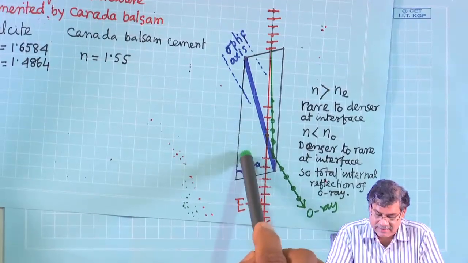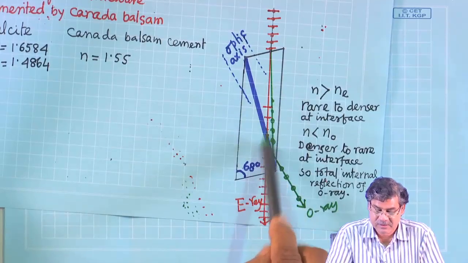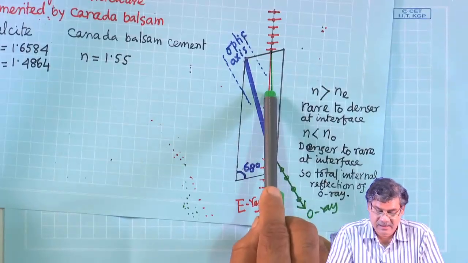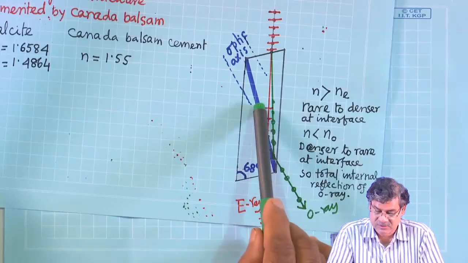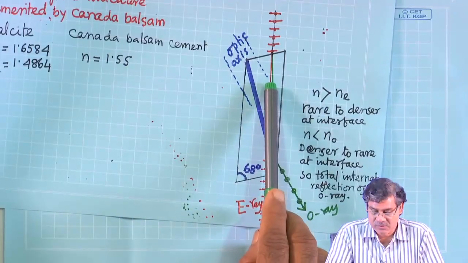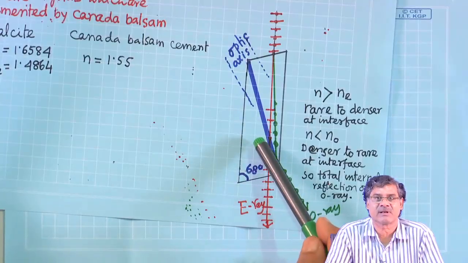Whereas for the extraordinary ray, both are basically lower refractive index, 1.48, and this one is 1.55. So, it is entering from the rarer medium to the denser medium. So, as usual, refraction will occur.